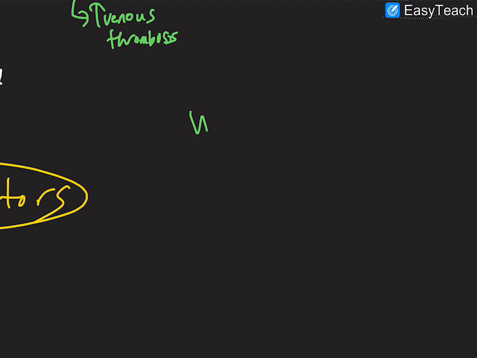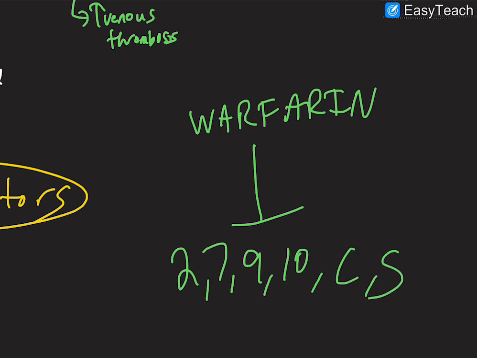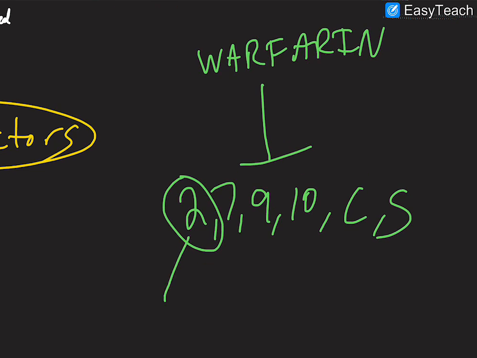Remember we said giving warfarin, what does that do? That leads to the inhibition of factors 2, 7, 9, 10, C, and S. We said that protein C has a short half-life when compared to factor 2, for example. Actually, factor 7 has a shorter half-life than protein C, but when we're talking about factor 2, and in general these clotting factors, they have a longer half-life compared to protein C. So what does that mean?